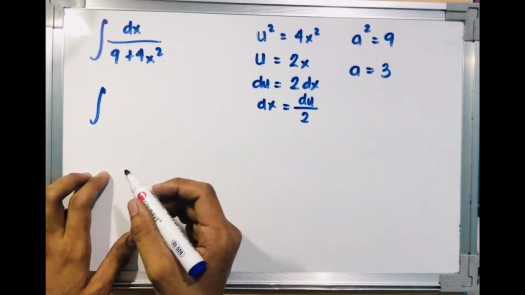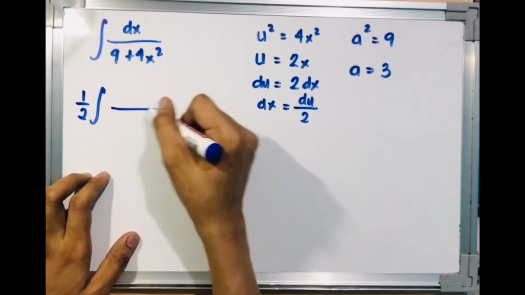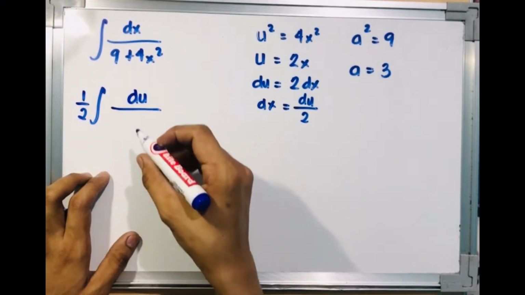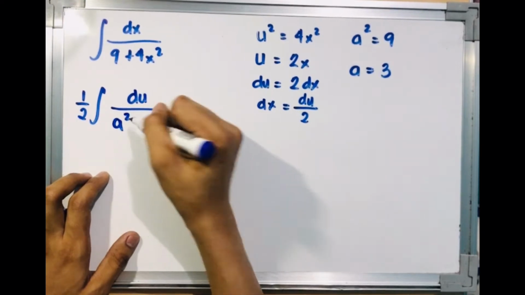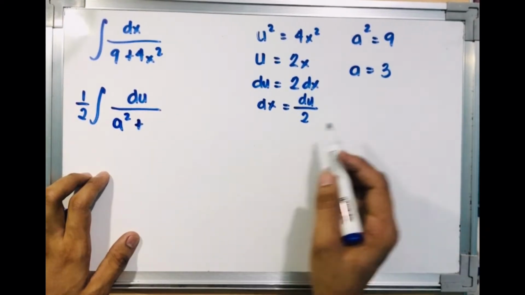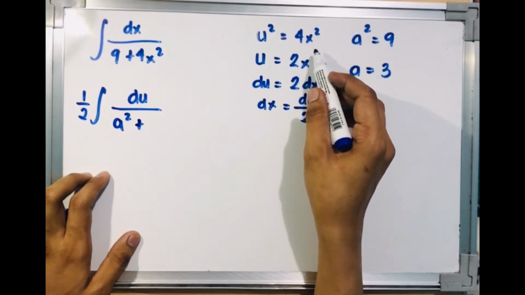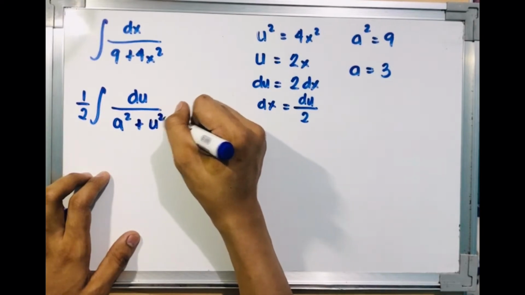Ilalabas na natin yung 1/2 na yon sa ating function. And matitira lang dito is du. At ano nga ba yung format na to? Eh di ano si 9? Si 9 ay si a squared plus si 4x squared ay ang ating u. Okay? So siya ang ating u squared.